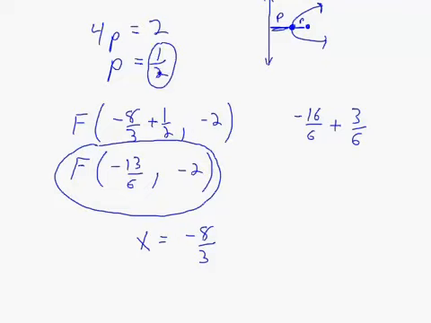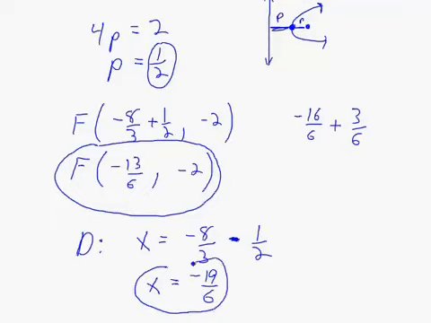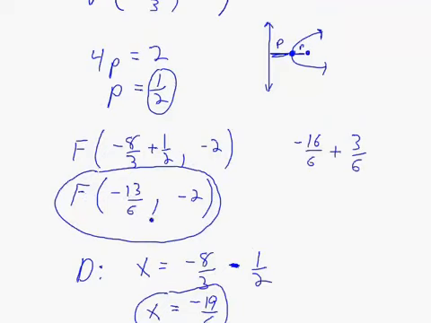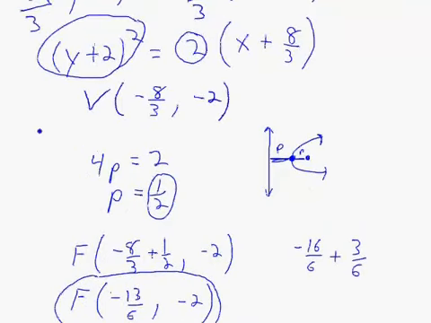We know that's 1/2, so I need to subtract 1/2 to get out to the directrix. That's -16/6 minus 3/6 this time, which takes me to -19/6. So set x equal to -19/6, and you have the equation of your directrix. So the directrix is x equals -19/6. The focus is -13/6, -2. And the vertex is -8/3, -2.